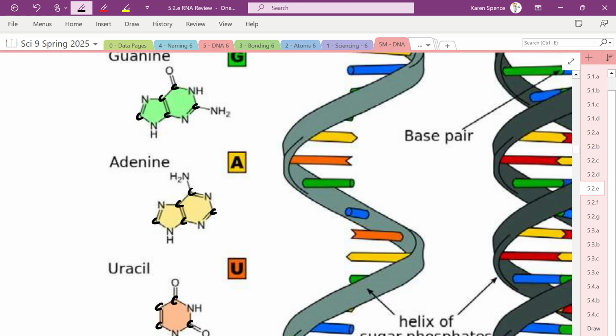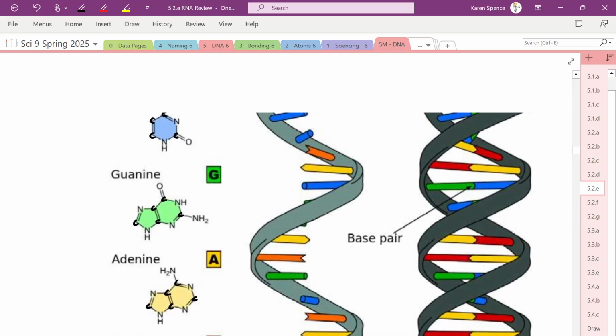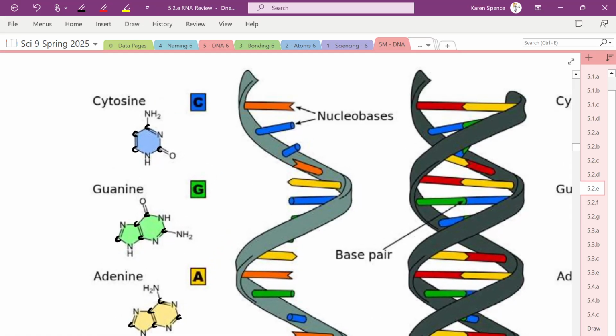Okay, you don't need to know any of these. But what you might notice, which is kind of interesting, is that cytosine is small and guanine is long. So here's cytosine and guanine.